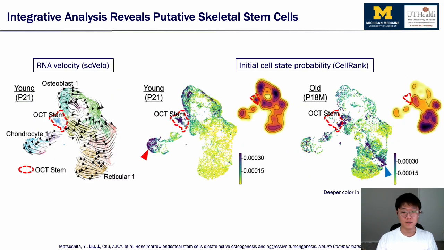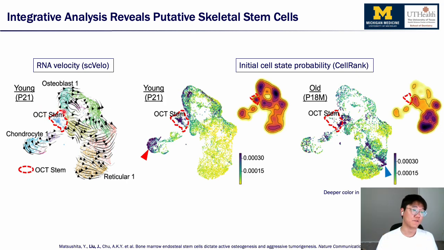And to further validate this putative stem cell cluster, we inferred the differentiation and the latent time for each of the cells using scVelo and CellRank. So here on the left-hand side, the scVelo results show this OCT stem cell cluster serves as a cell of origin cluster.